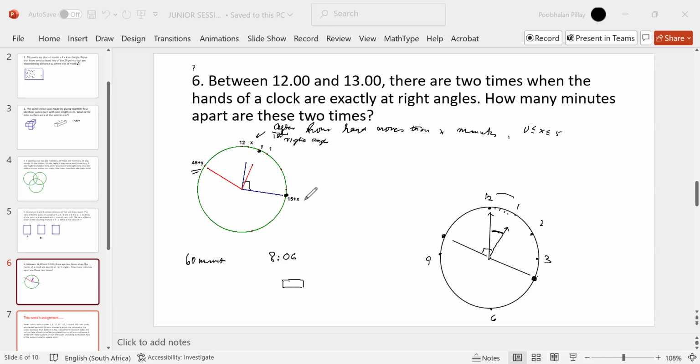Here, this is 15 plus x minutes past 12. So you have to add 45 here because the minute hand has moved through 45 minutes, right? Which is 3/4 of the circle. This is 270 degrees, and that will give you 45 minutes. Okay.